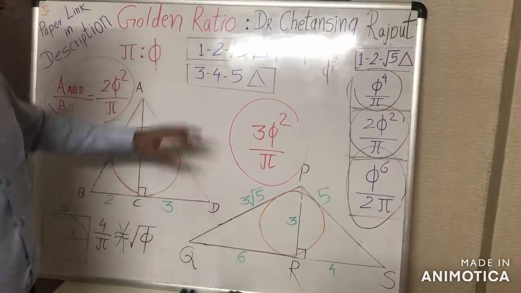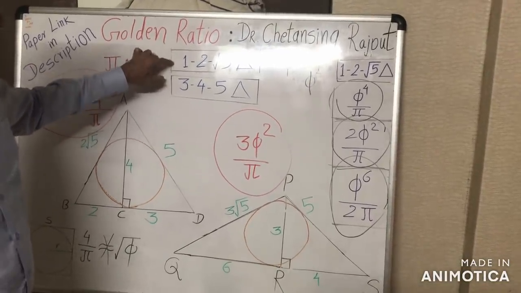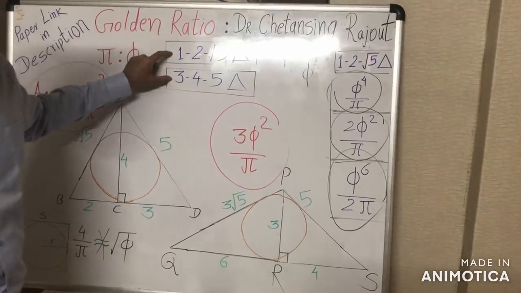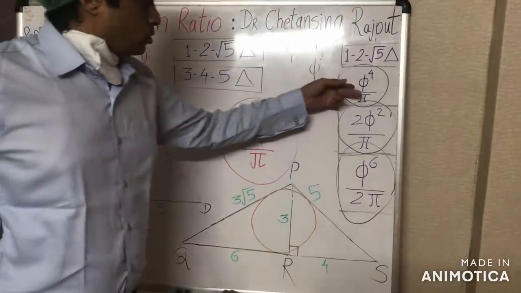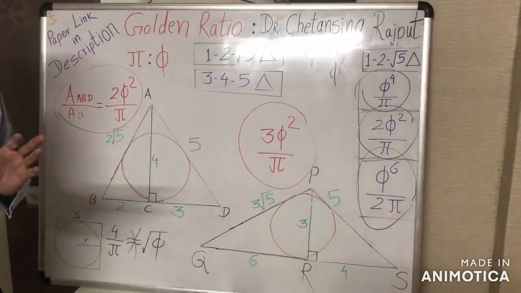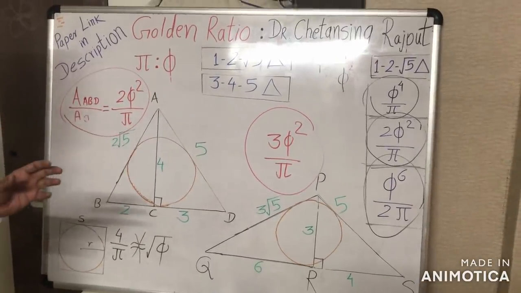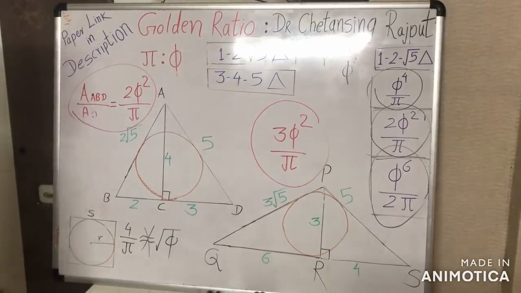Only and only this classical 1, 2, root 5 triangle alone, or in amalgamation with the 3, 4, 5 Pythagorean triple, can give us the precise pi-phi correlations in terms of specific geometric ratios. And this finally corroborates the classical intimacy between these two triangles.